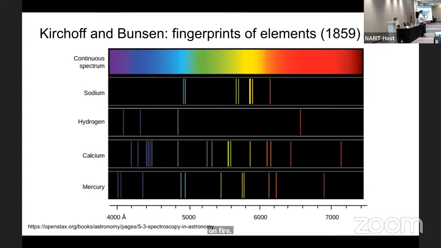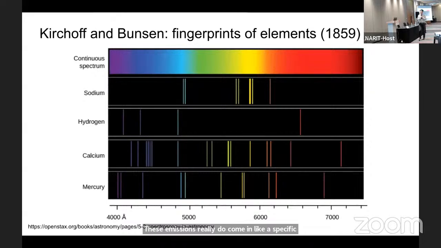For example, if you put sodium on fire, it glows yellow. And when they looked at this glowing light through a spectrograph, they realized that it's not just a particularly yellow continuous emission, but the emission comes in these specific emission lines.